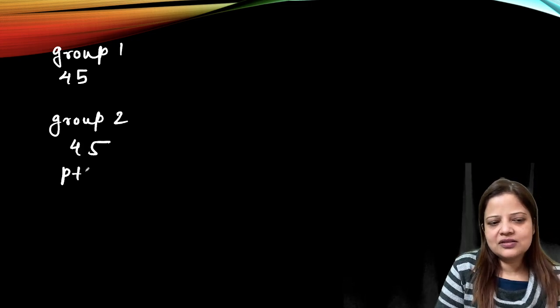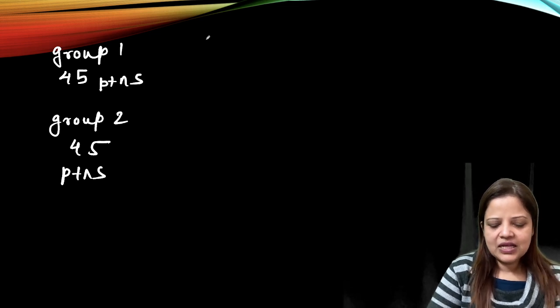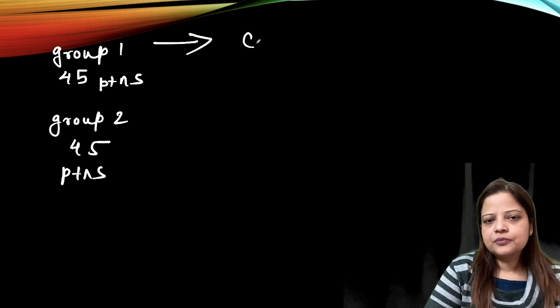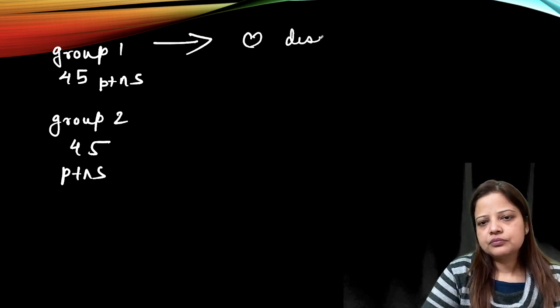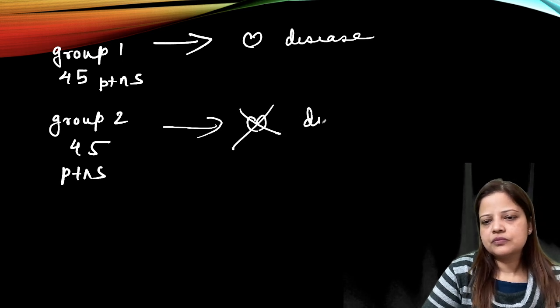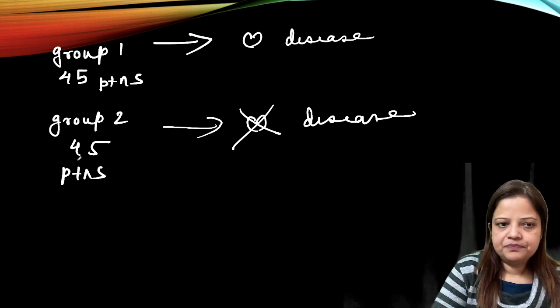Abbreviation of patients says PTNS, I suppose, right? And these are the group who have heart disease, and this is the group that doesn't have heart disease, right? Now we will set up the table.